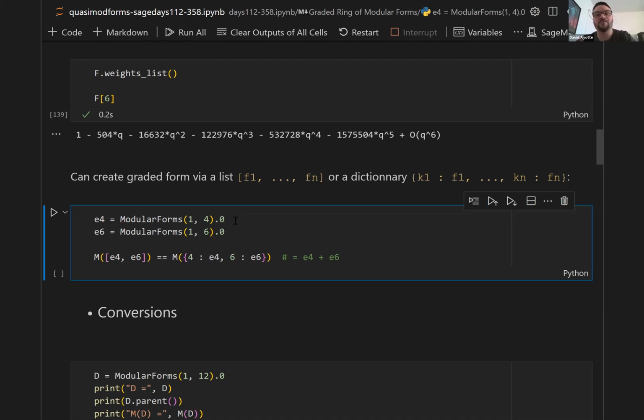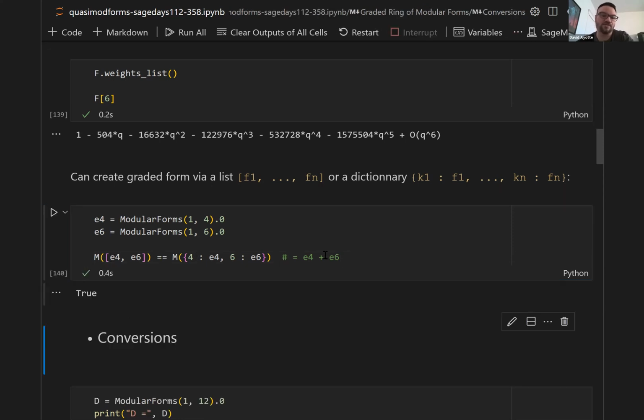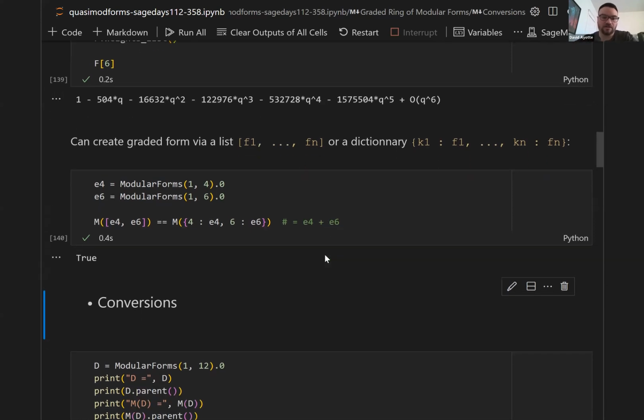They are modular forms in the space of weight 4 and weight 6 modular forms. But to initialize, I just simply use the element constructor of this list or this dictionary, and it should give you the same element.